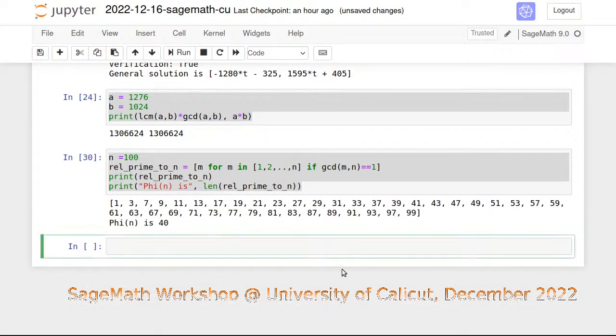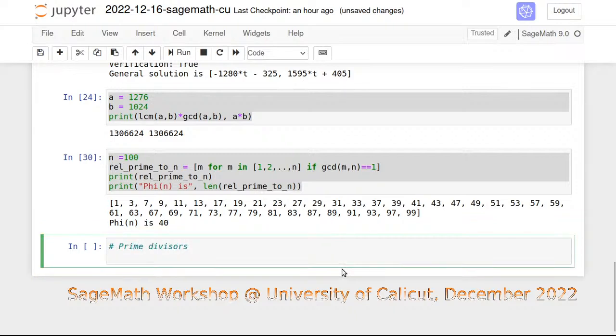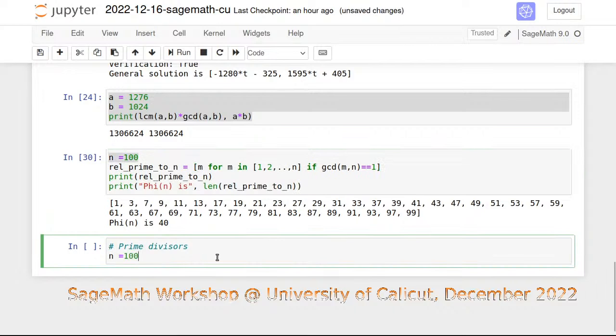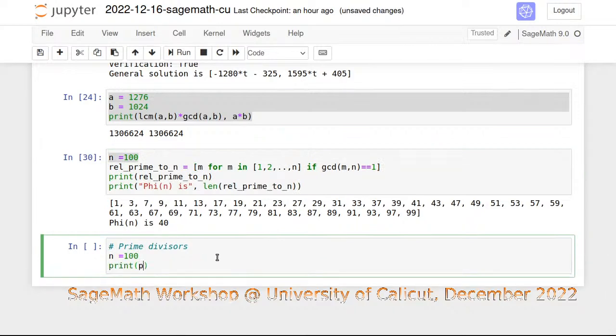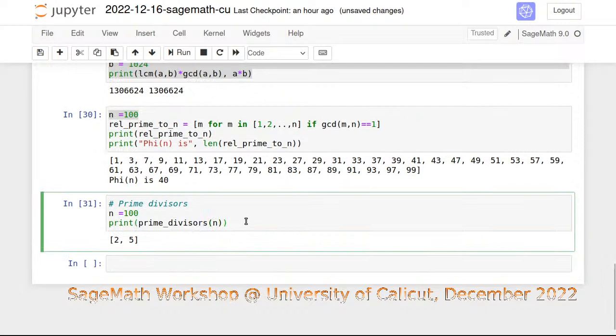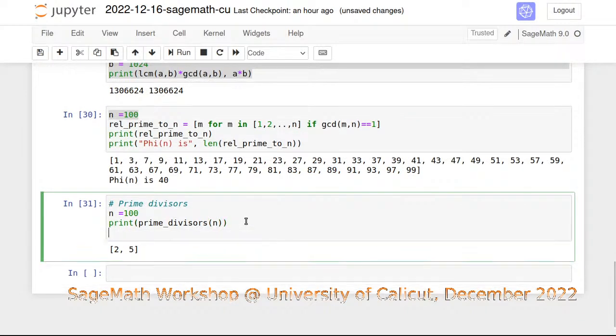Now the prime divisors. So as we can probably guess, the command for prime divisors is just prime_divisors. That's true. So for defining phi n, just take the product.